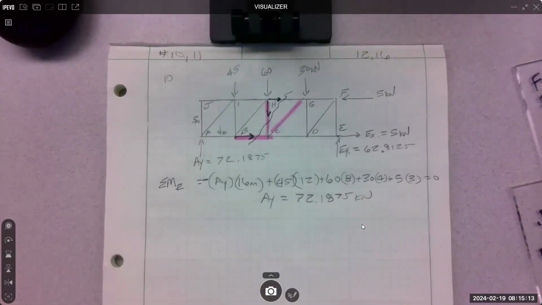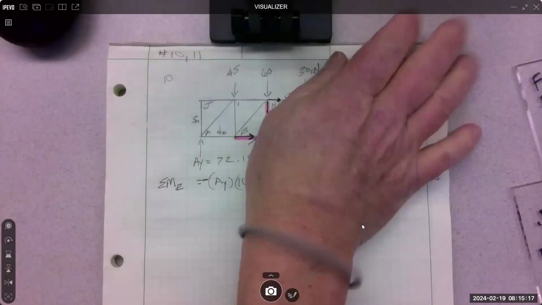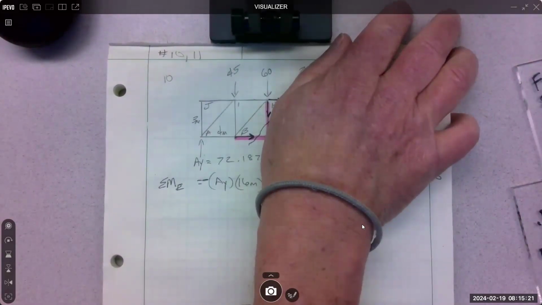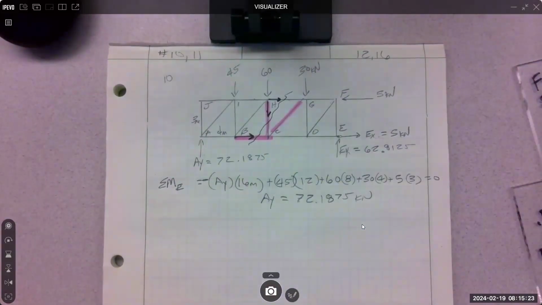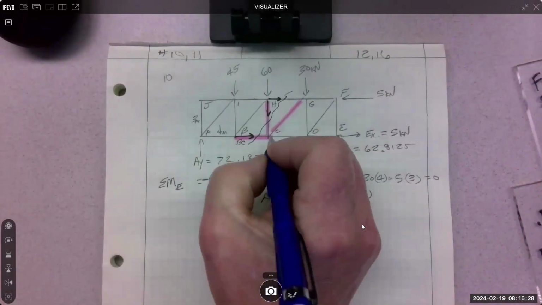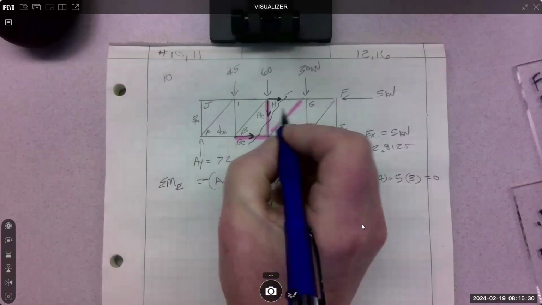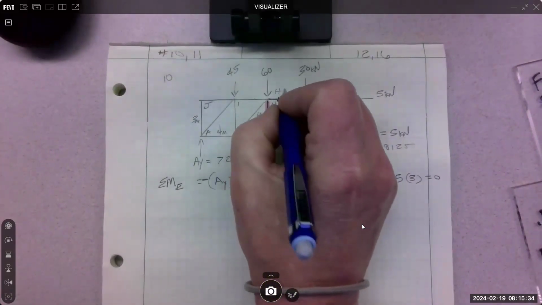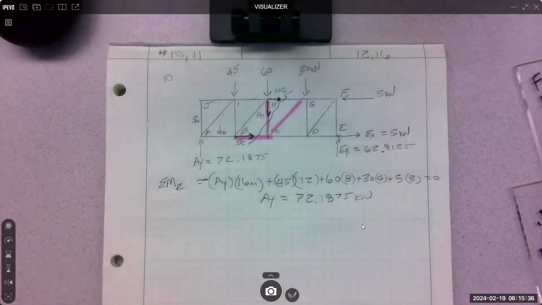I'm not going to draw a new free body diagram. I'm just going to use this, but know that this side is now gone, and we're just going to use that left side. This is BC, this is HC, and this is HG, which we don't need. So we'll stick to finding the stuff that we need, and then we'll move on.